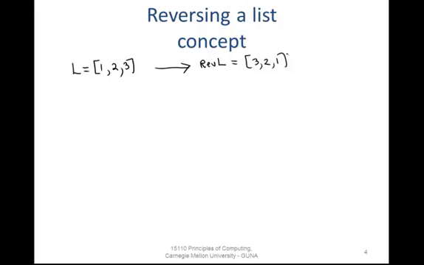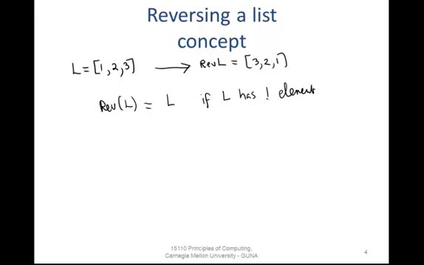Now the question is, can we think about reversing a list recursively? Let's think about it this way. Given a list, the reverse of a list is the list itself if the list has only one element.